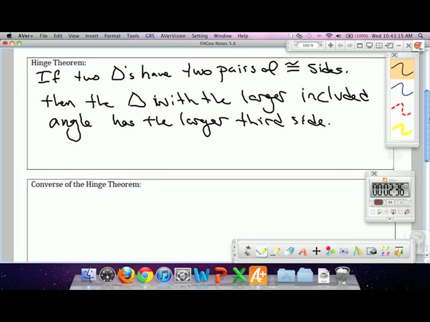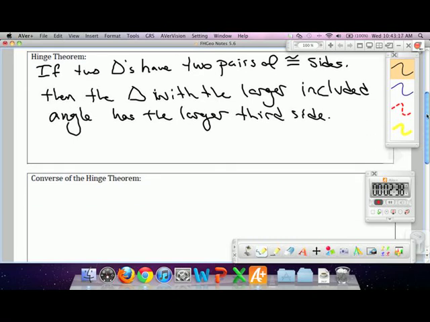Okay. This theorem's converse is also true, which is kind of neat. The converse of this hinge theorem is also true. Converse being the following.